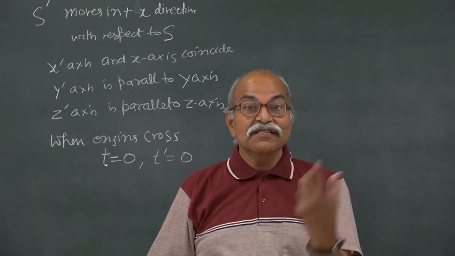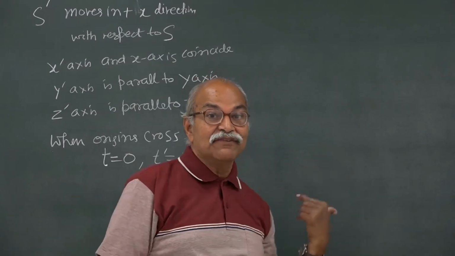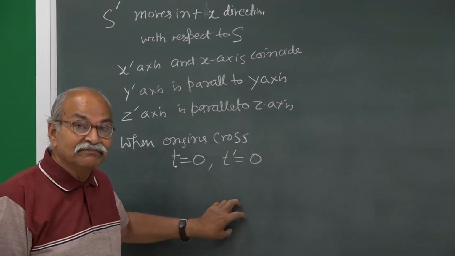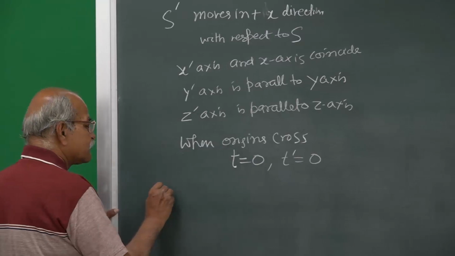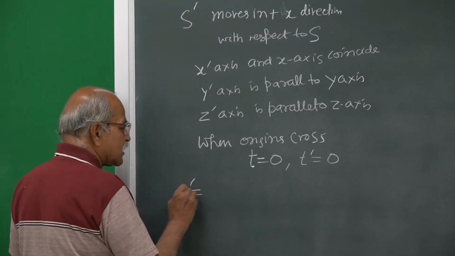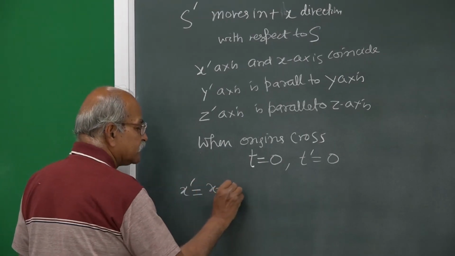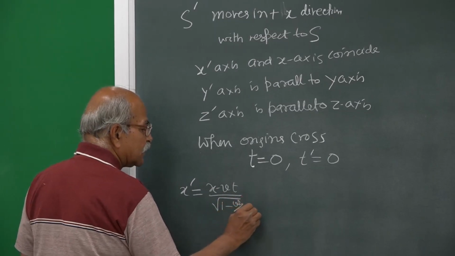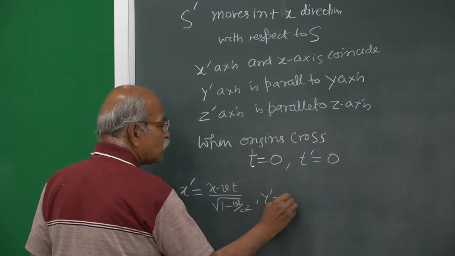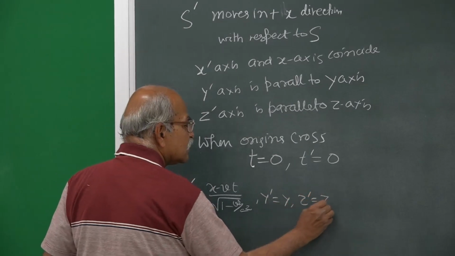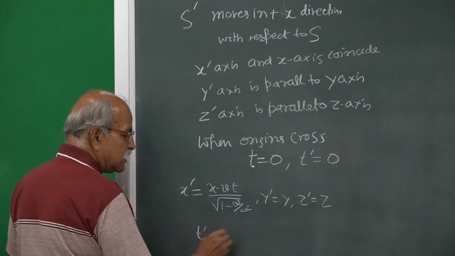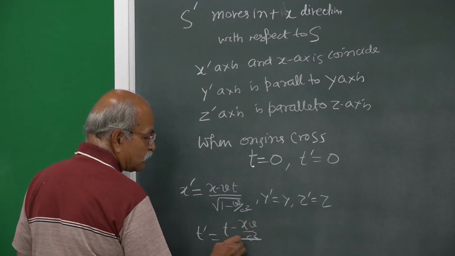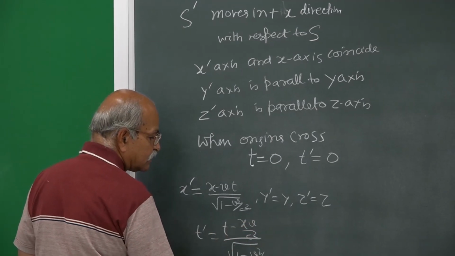So, the Lorentz transformation equations that we had written will not have that form, right. The Lorentz transformation equations were x prime equal to x minus Vt. These were our equations, y prime is equal to y, z prime is equal to z, and t prime is equal to t minus x v by c square, divided by square root 1 minus v square by c square.